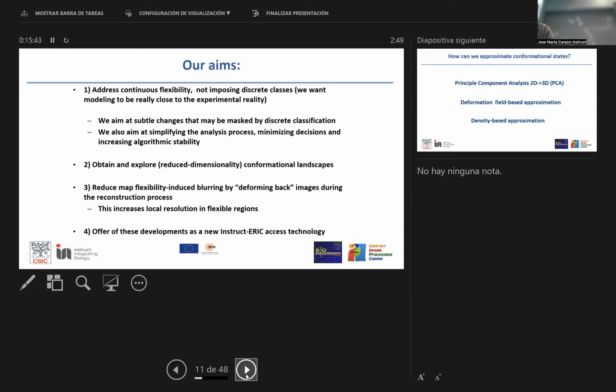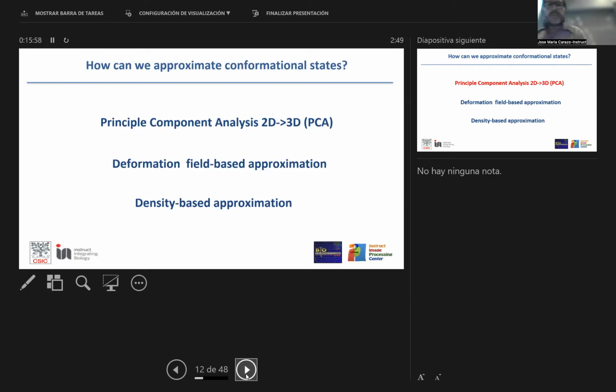And you will see that this immediately gets you the capability to have higher resolution in those moving areas that normally come blurred in a cryo map. So I'm going to present what we have done in the study of conformational states.